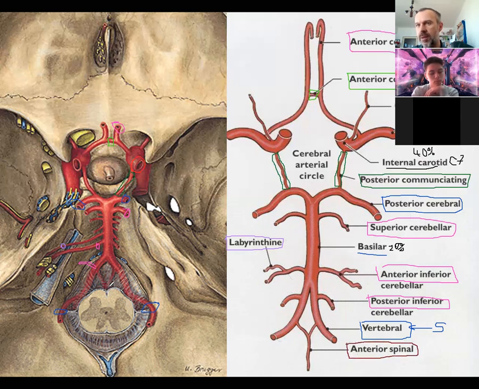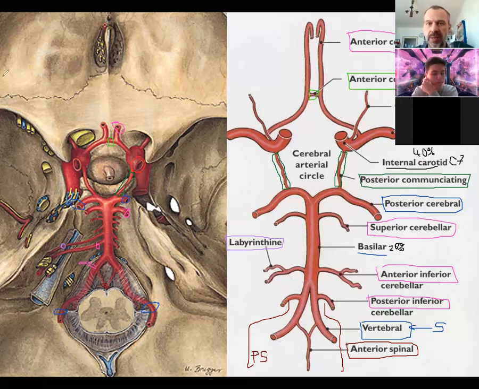As you can see, the anterior spinal originates from these 2 short branches from each vertebral, and the posterior spinal, which is not drawn here. Posterior spinal. So the spinal cord has 3 arteries, the unpaired anterior and the paired posterior spinal arteries.